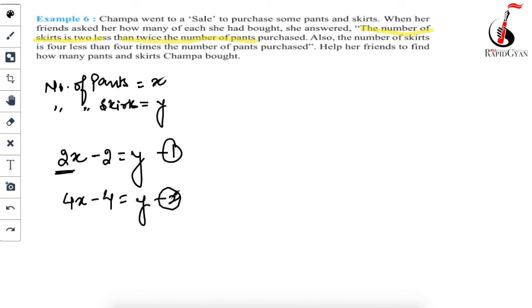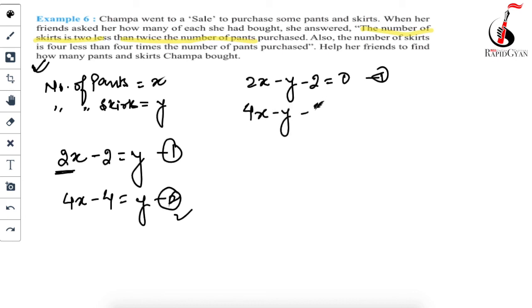This is your equation 2. Okay. Now we will have to solve these equations. Your first equation is 2x minus 2 is equal to y. Let's simplify it. So this will become 2x minus y minus 2 is equal to 0. This is your equation 1. The second one becomes 4x minus y minus 4 is equal to 0. This is your equation 2.